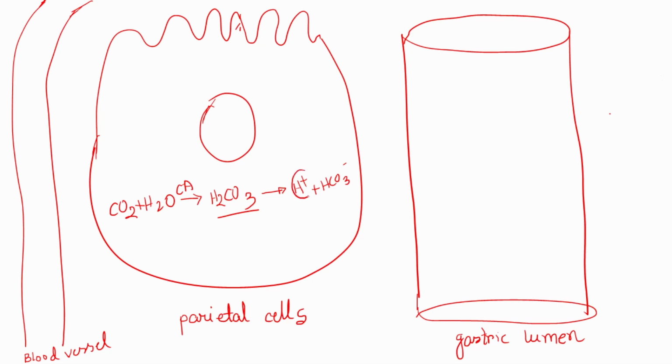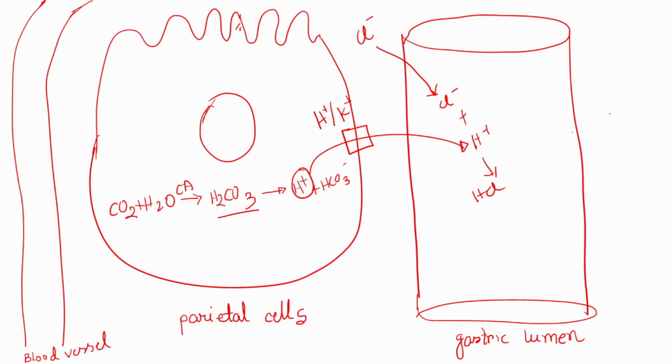The resulting proton is actively pumped out of the cell into the gastric lumen by an ATP-driven transport protein, which is called the proton potassium ATPase pump, and chloride ions, or Cl-, follow through separate channels into the lumen to form functional hydrochloric acid.